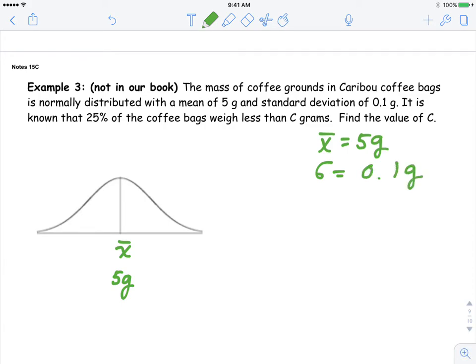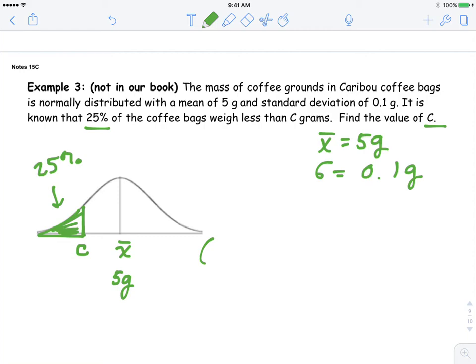It is known that 25% of the coffee bags weigh less than C grams. Find C. So let's say here is our 25%. And here's our C value. And we want to find out what that C value is.